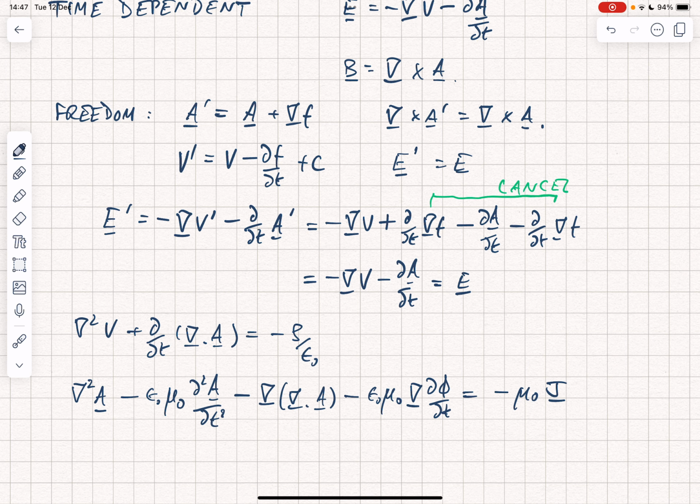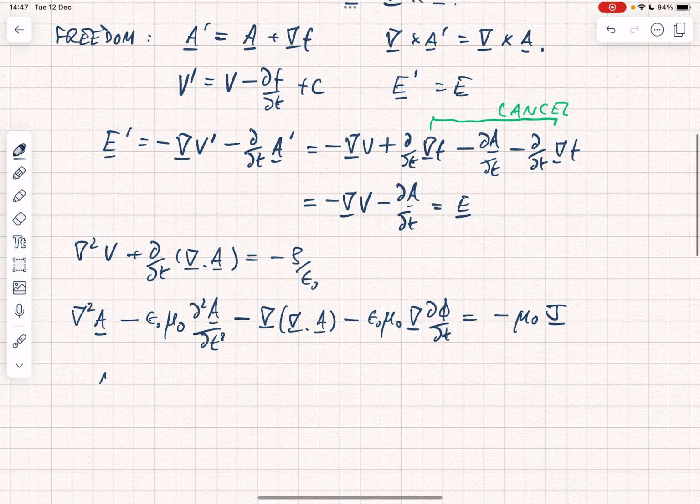And if you look at these equations, you see that these are mixed equations. Each equation contains both A and V. And I've realised I've put a phi where there should be a V.